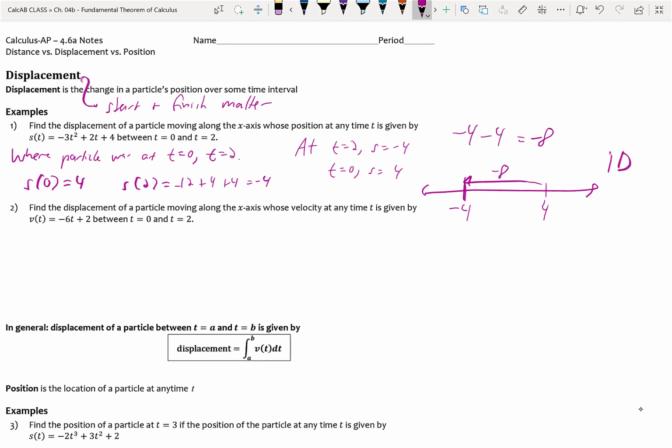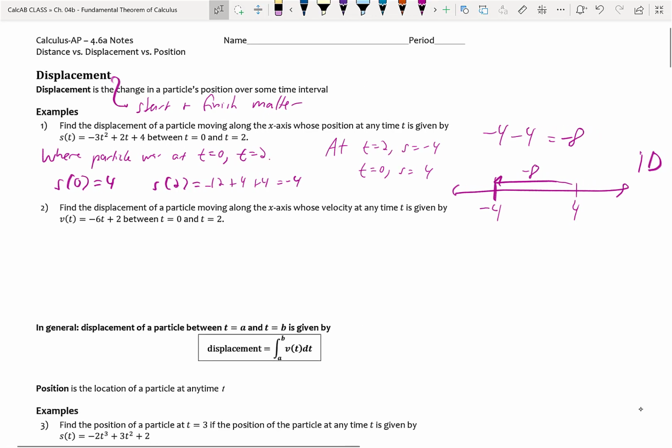Find the displacement of a particle moving along the x-axis whose velocity at any time t is given by this. So this is a similar question, but I'm actually given the velocity. And what I can think about is displacement is an accumulation of area under a velocity curve.